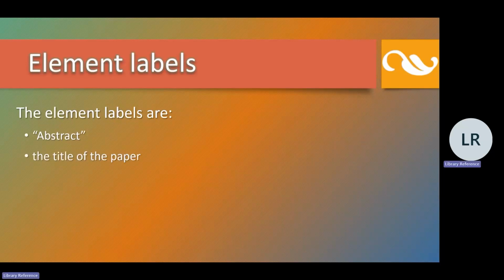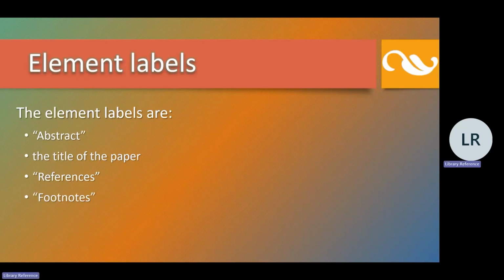Then we move on to the next element, which is the text. The text carries as a label, actually, the title of the paper. So at the top of the text, we repeat the title of the paper. Then the list of references carries as a label the word references.